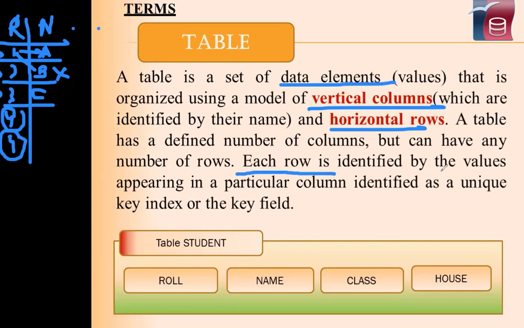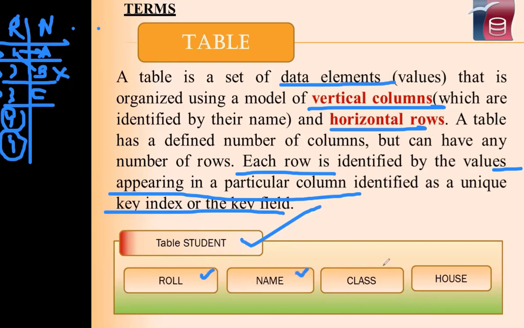Each row is identified by the values appearing in a particular column, identified as a unique key index or key field. Now, we are going to be talking about this. One record, say for example, I've taken the student table over here. In the student table, we are storing the roll number, we are storing the name, we are storing the class, and we are storing the house.